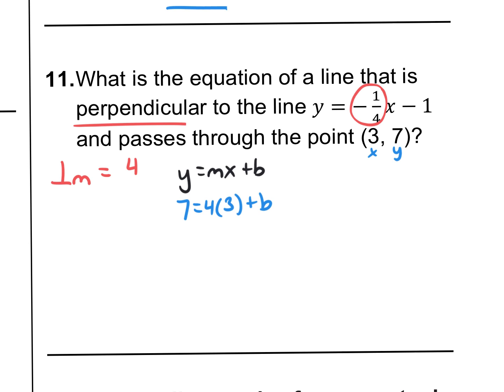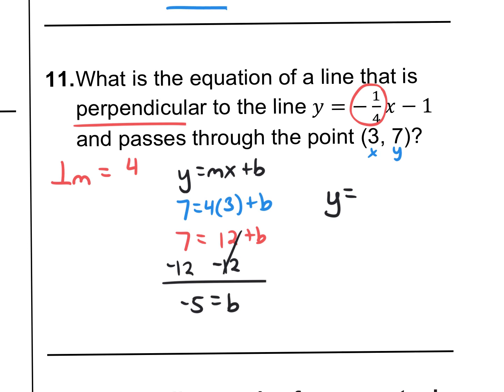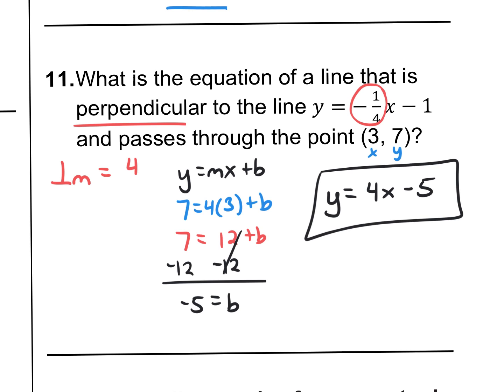What is 4 times 3? 12. What's my last step here? Subtract 12. So we get negative 5 equals b. Yep. Is b my answer? No. No, we got to write what? The line equation, right? Y equals 4x minus 5. Good.